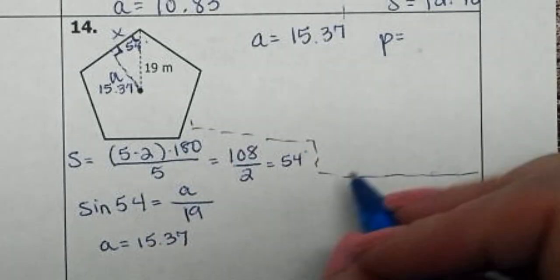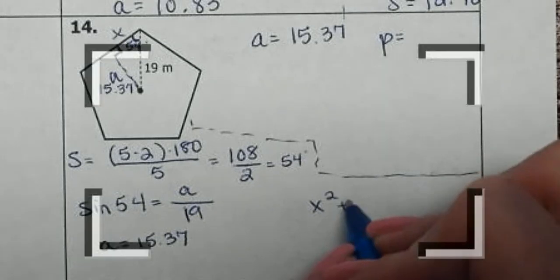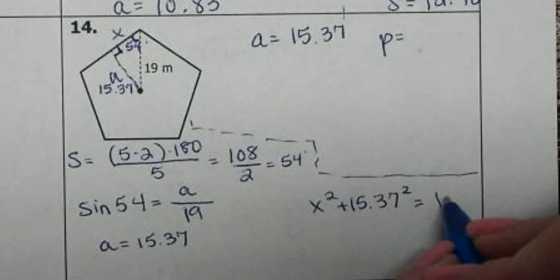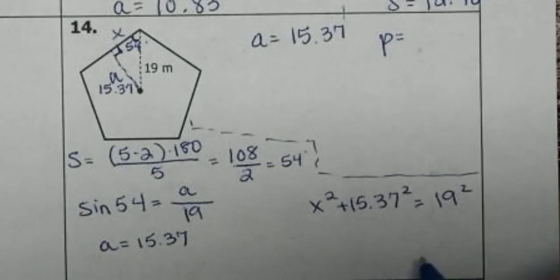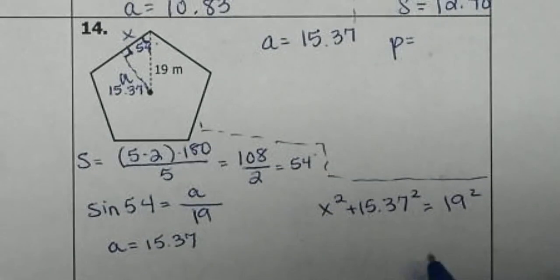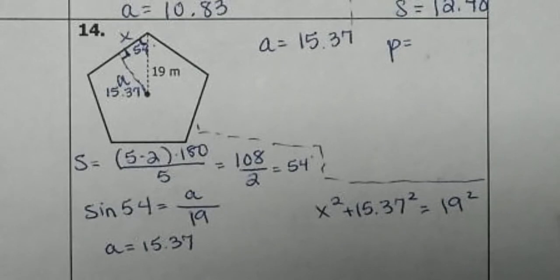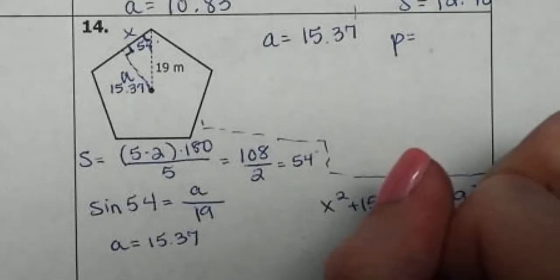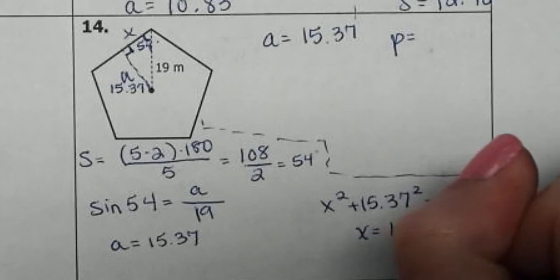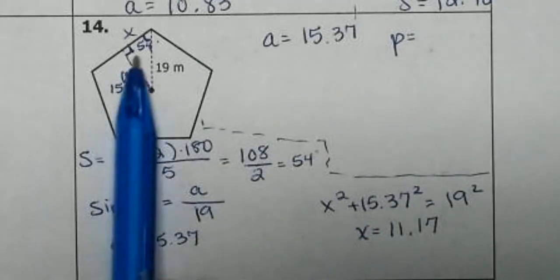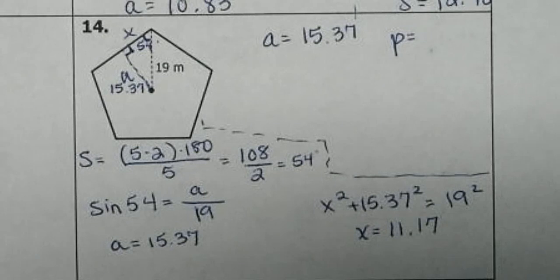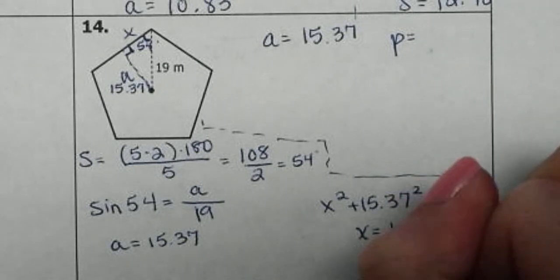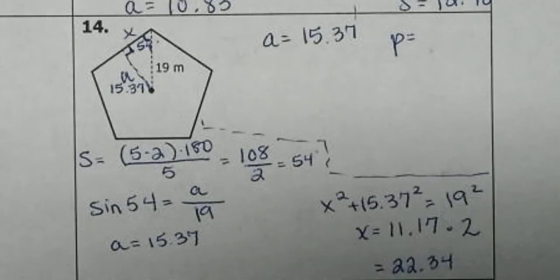So I'm going to have x squared plus 15.37 squared equals 19 squared. So you're going to subtract the 15.37 squared and then take the square root. So that's going to be 11.17. That's only half of the side though. So you got to multiply it by 2 to get 22.34.